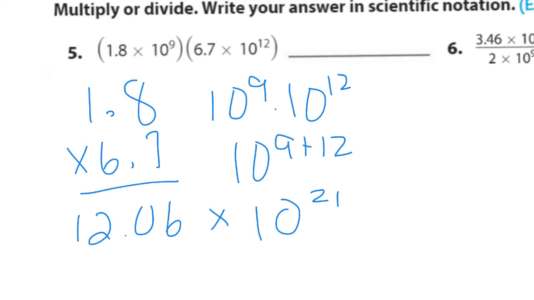But there's a problem right here. I have two numbers to the left of that decimal point. So I have to move that over one space. So when I move it over one space, I have to add 1 to the exponent. So my final answer will be 1 and 206 thousandths times 10 to the 22nd power.